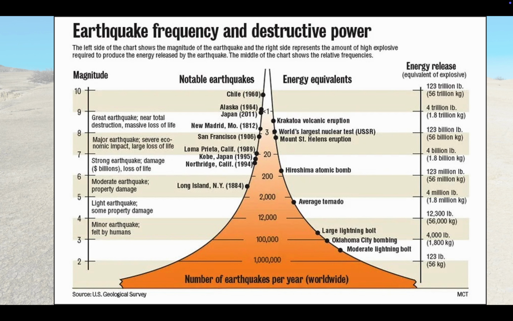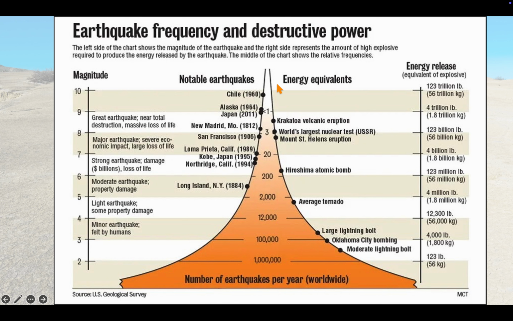damaging. You can see the difference in energy release. When we think of explosives, this would be on the bottom, we'd have 123 pounds of explosives, whereas way up here at the top with a magnitude of 10, you're talking 123 trillion pounds of explosives. Very few up in the very top.